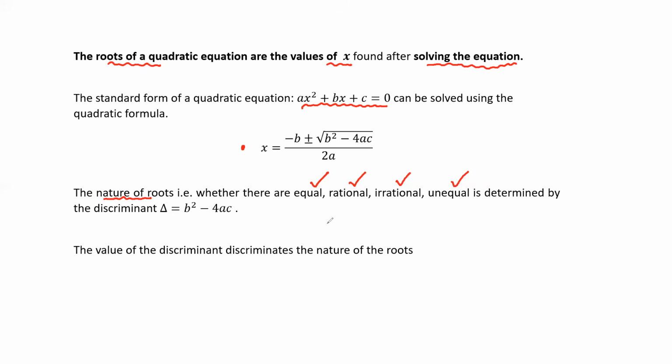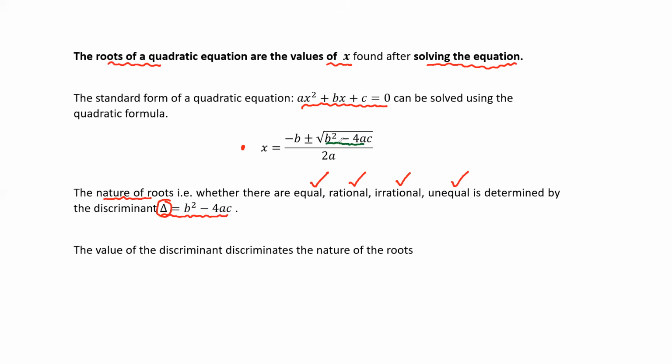For us to be able to determine this nature of the roots, we use the discriminant, delta, b squared minus 4ac. If you look at the quadratic formula, you can see it under the square root sign.